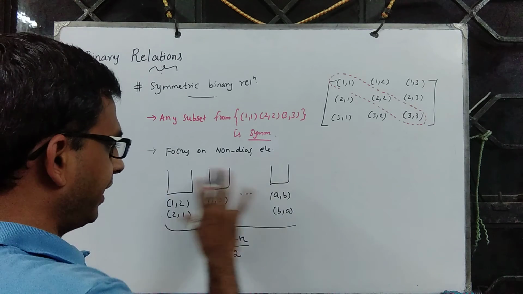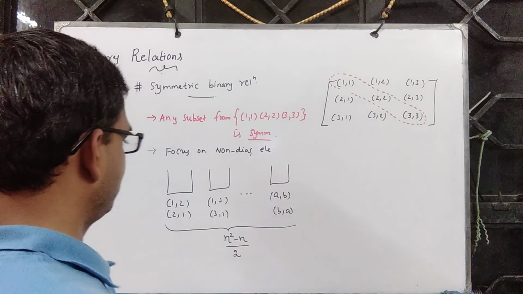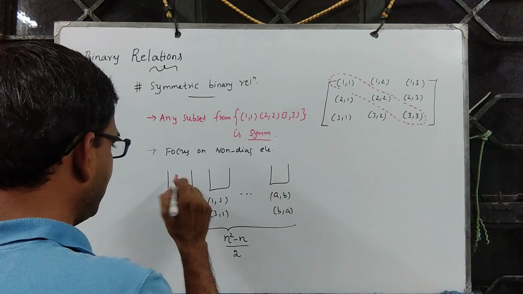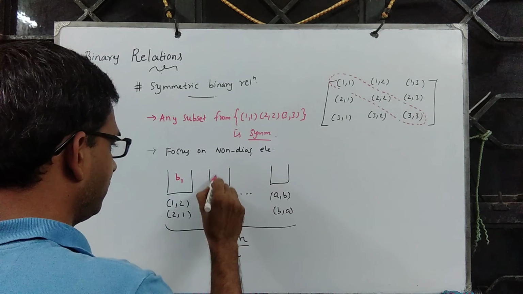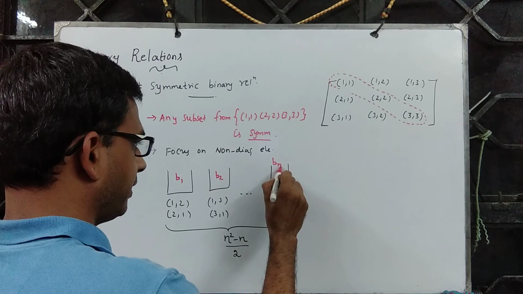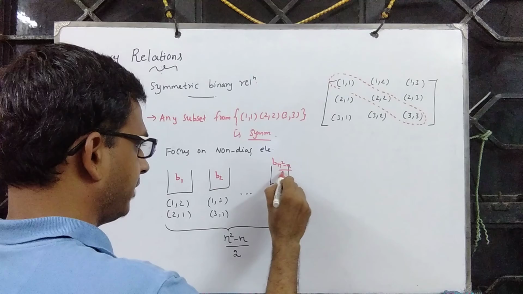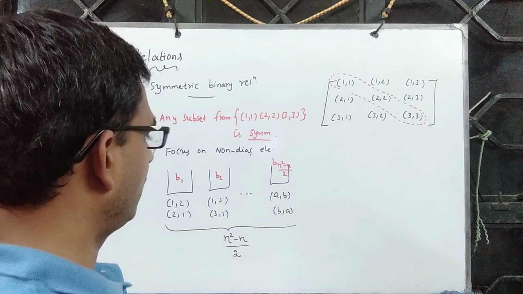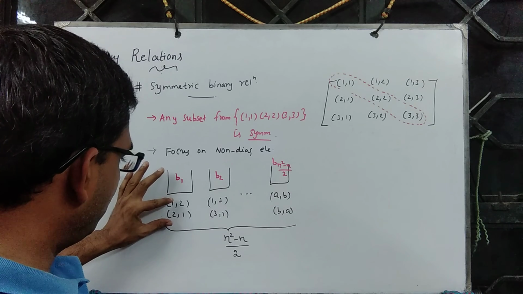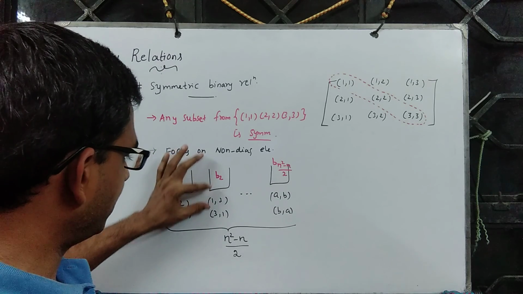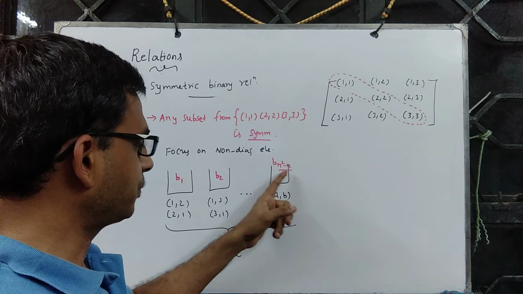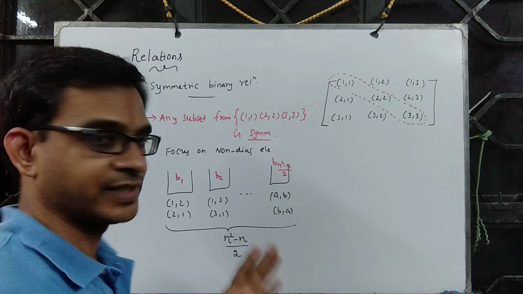Now you take any subset from this. You can see this one as say B1, this as B2, and so on up to B of (n square minus n) by 2. So this basket is (1,2), (2,1). This one is (1,3), (3,1). Like that, there are (n square minus n) by 2 baskets.